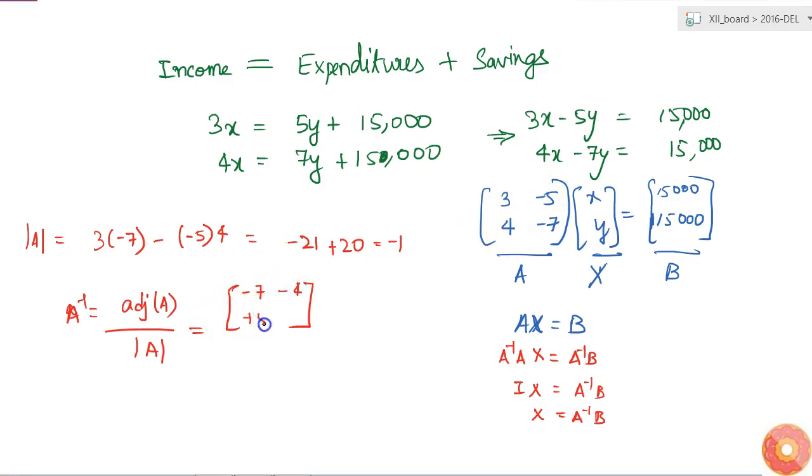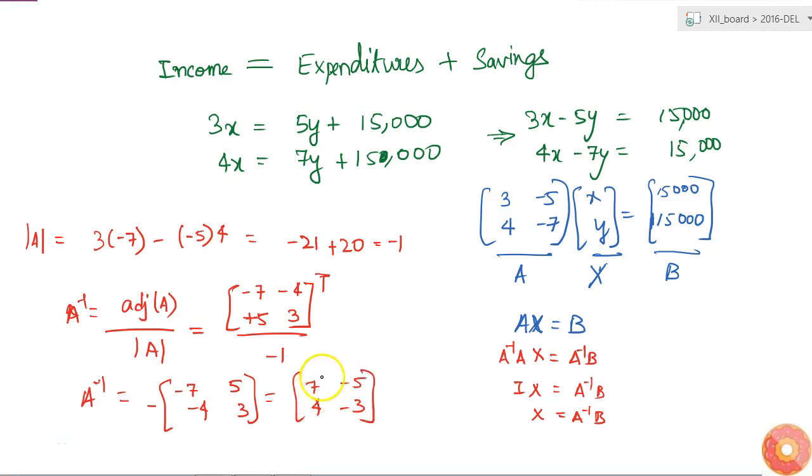Similarly this is plus 5, and similarly this will be 3. Correct? This is the cofactor matrix. Adjoint will be the transpose of the cofactor matrix. Divided by determinant, which is minus 1, A inverse is equal to minus of minus 7, 5, minus 4, 3, which is equal to 7 minus 5, 4 minus 3.